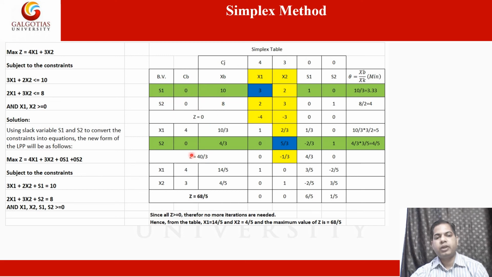So 0, 4 into 10 by 3, that is 40 by 3. Now this is 14, 4 into 14 by 5, and plus 3 into 4 by 5. So I will add these, and 68 by 5 is the maximum of these three values. So this is my last table and this is my optimum solution.